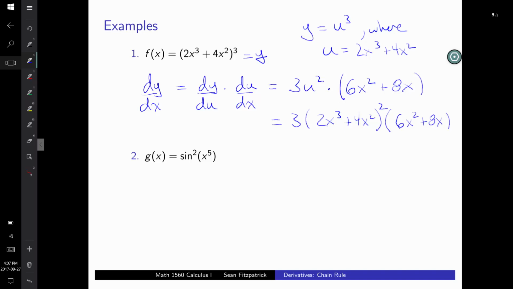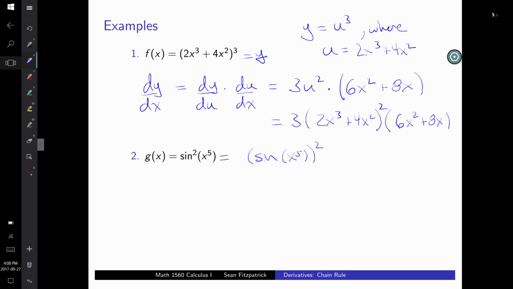For this next one, it's a little bit trickier because there are three functions being composed here. You've got the fifth power being plugged into the sine function, which is being plugged into a squaring function. So we've got to really break things down here.